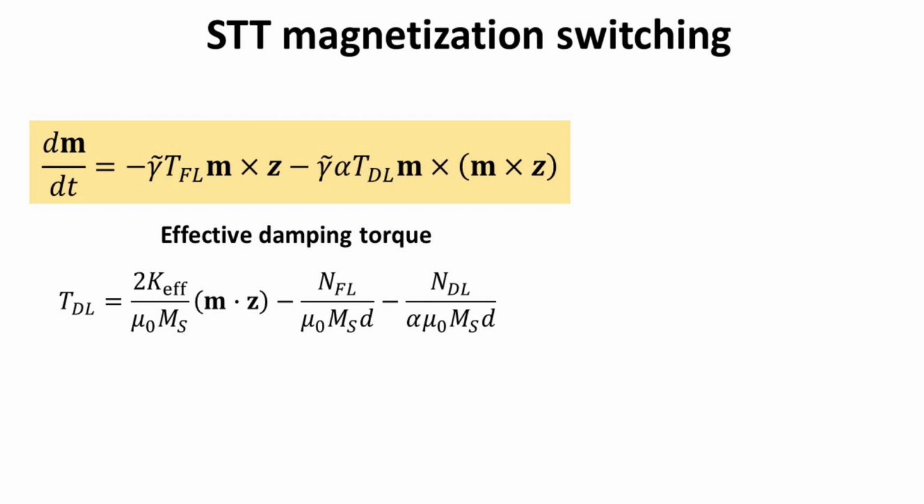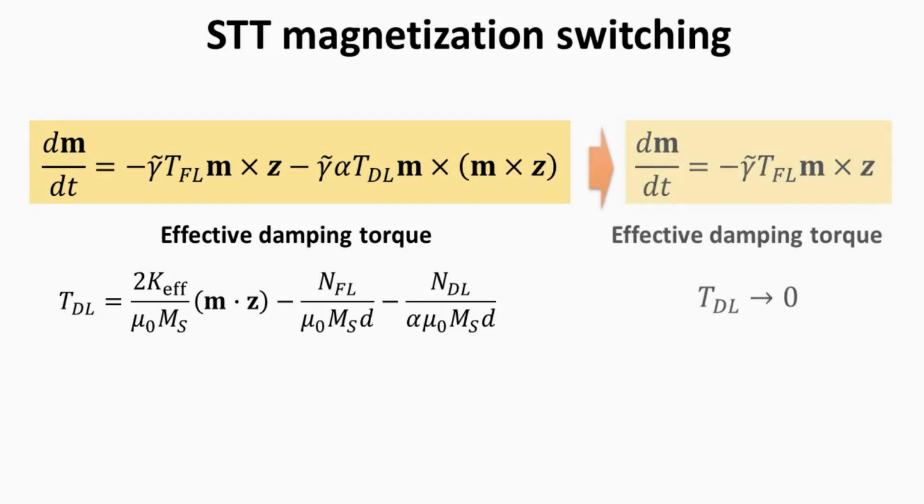Before we proceed, we note that the total effective damping torque can vanish for particular strengths of damping-like and field-like spin transfer torque components. Under this specific condition, the LLG equation reduces to the following. Hence, whenever the damping-like spin transfer torque reaches this critical value, the total dissipation in the system vanishes.